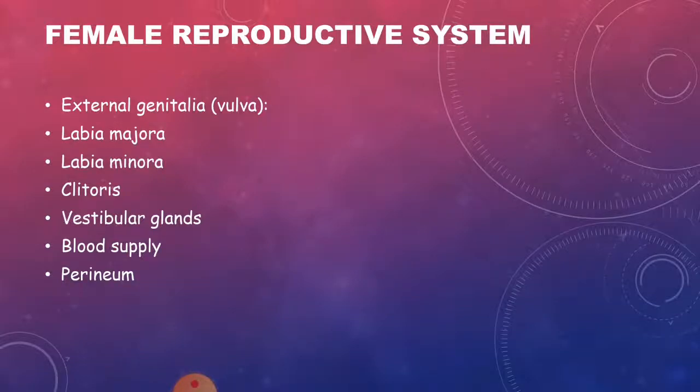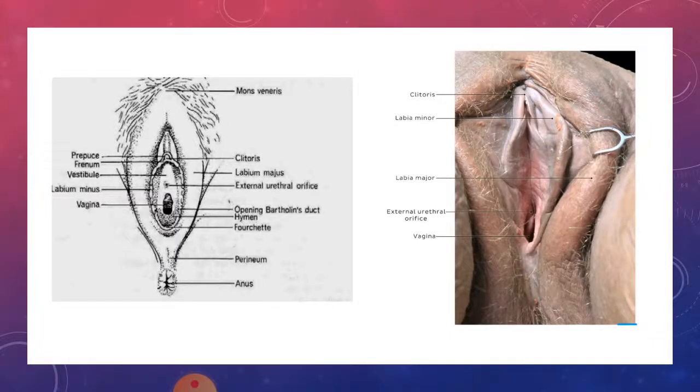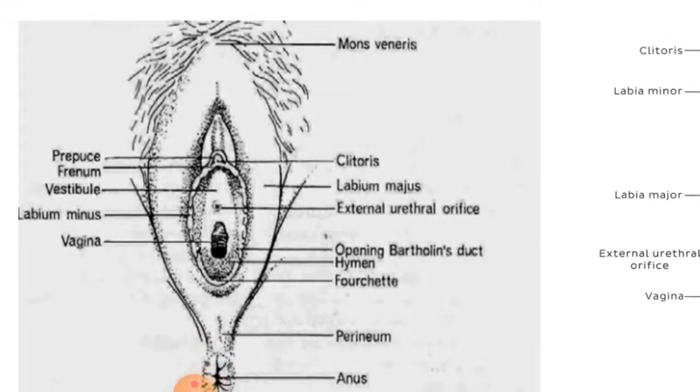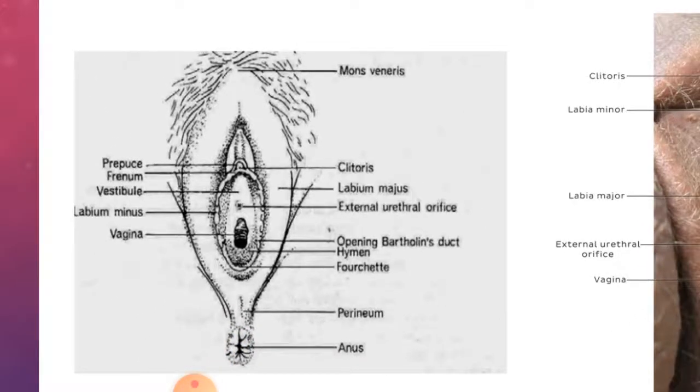So in our today's lecture, we will be covering the external genitalia, vulva, that consists of labia majora, labia minora, clitoris, vestibular glands, blood supply, and perineum. So I will describe all structures through this figure, and we will first of all discuss about the labia majora.